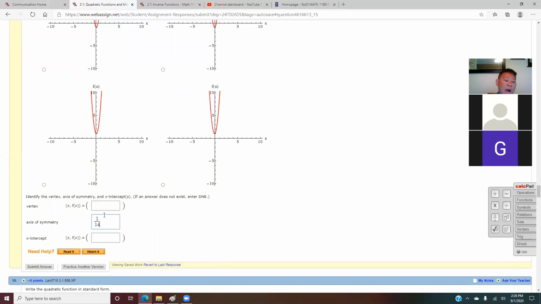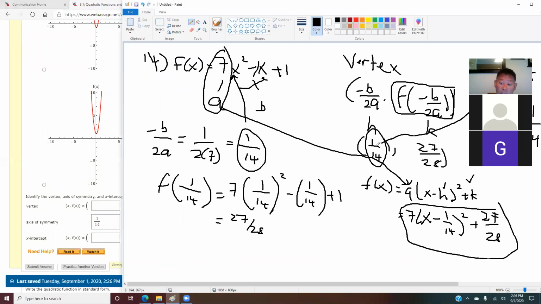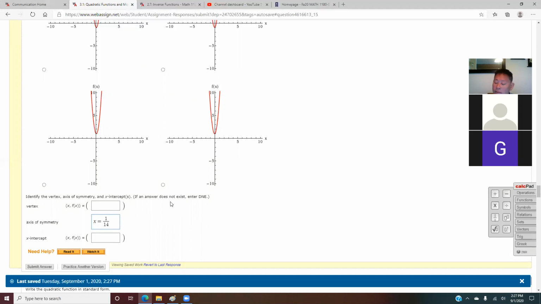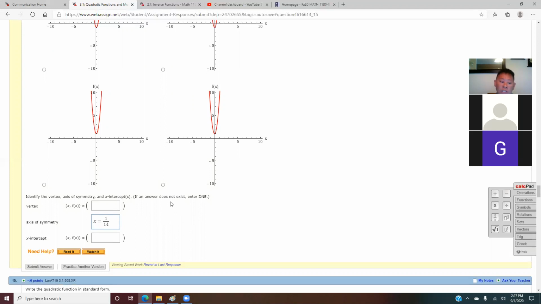Does anyone know why? 1 over 14 is the right axis of symmetry. What is missing here? Same thing in your test. If you give me 1 over 14 in your axis of symmetry, you don't get full points. Yes, Parker, you got it right, because you forgot x equals. Make sure you understand that these are all lines, not a point. So you need to have x equals 1 over 14.